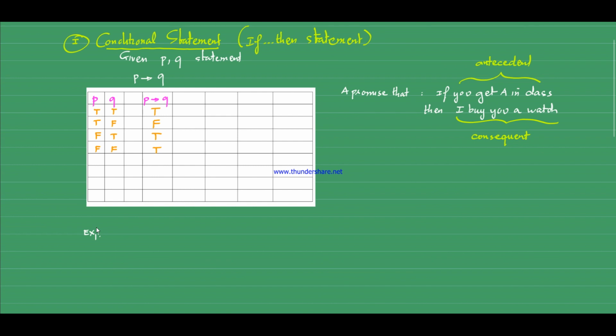I'm gonna go ahead and pick this one first. Construct a truth table for the compound statement like this.